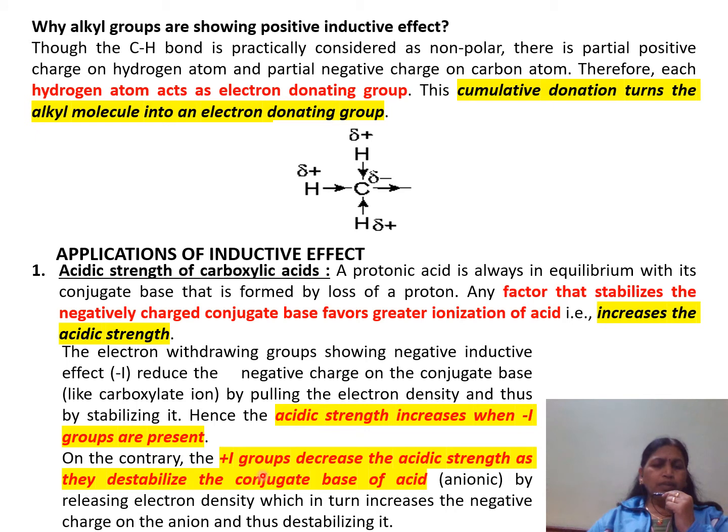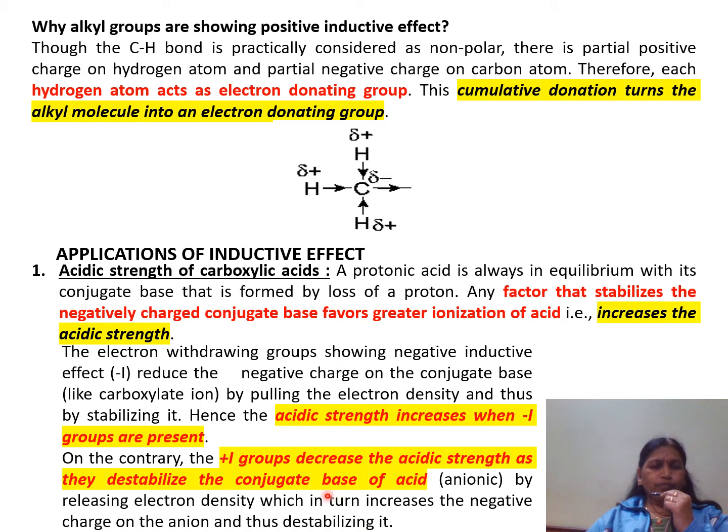While a plus I group decreases the acid strength as it destabilizes the conjugate base of the acid. The conjugate base of the acid is RCOO negative, which was already negatively charged, and more electrons are pushed onto it.